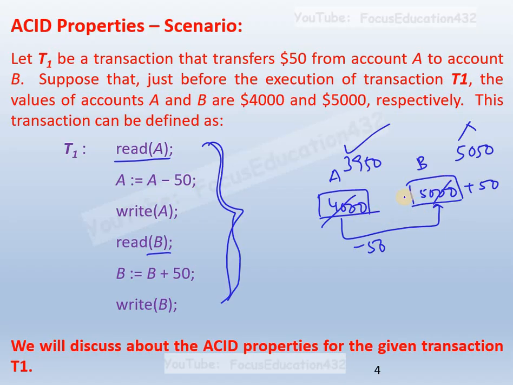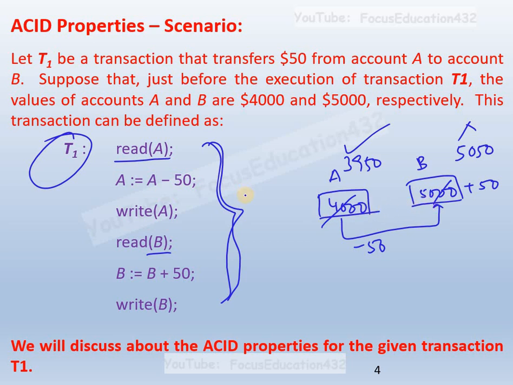Consistency means that before the execution of this transaction T1, A plus B is 4,000 plus 5,000, that is $9,000. At the end of the transaction, it should also show 9,000. Because when we are transferring $50 from A to B, the amount is only transferred, it is not lost. If it is decreased in one account, it is increased in another account, right?